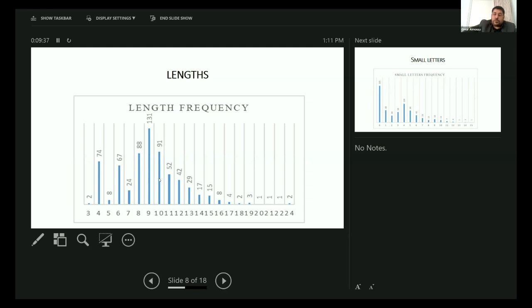So the students were picking their passwords without any enforcement on any rules, but they were kind of having at least 8 up to 10 characters. This is the most of the students.